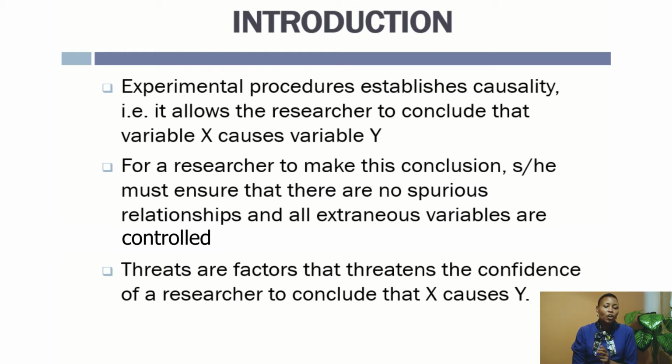If this confidence is threatened, then we threaten the validity of that experimental procedure. So threats are the factors that threaten the confidence of a researcher to conclude that X causes Y.